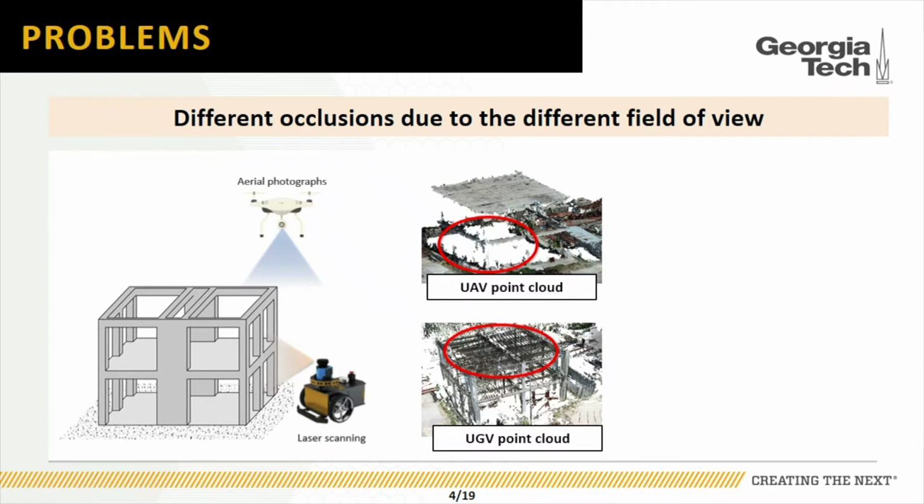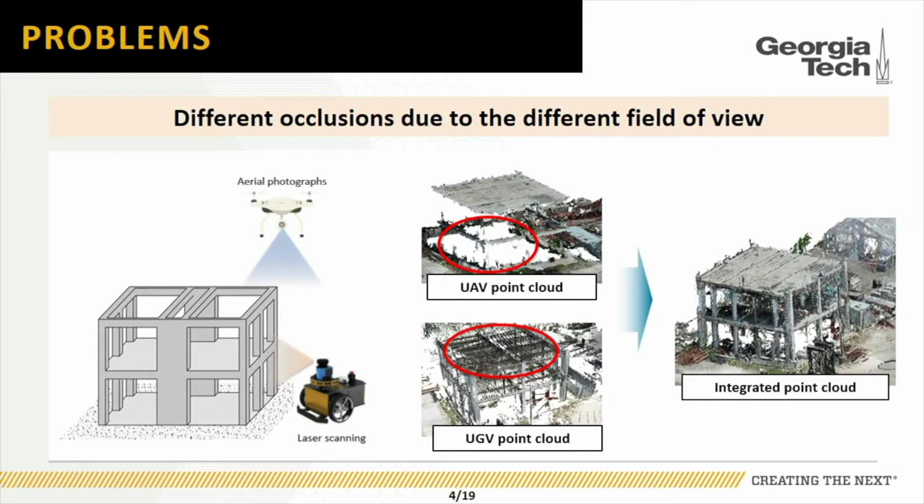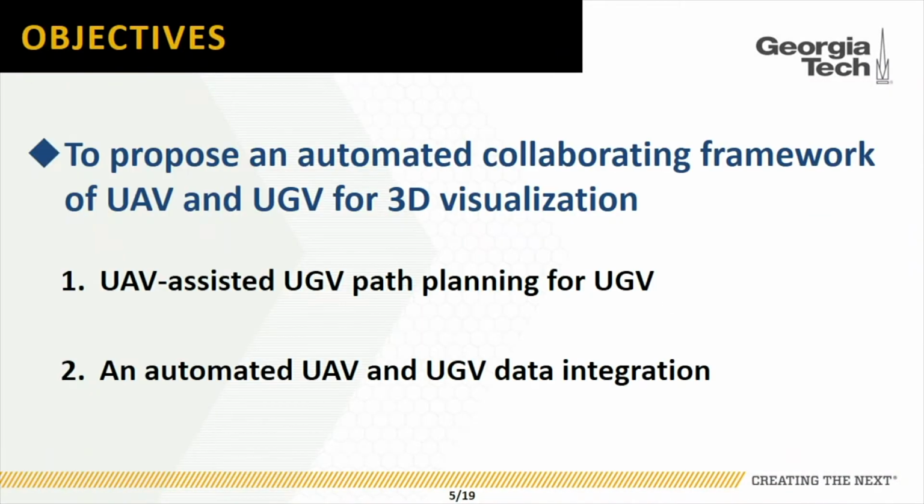So if somehow we can combine these two point cloud sources, then we can get a more complete point cloud or more complete geometric data of the construction site. So this is the basic idea and motivation of this study.